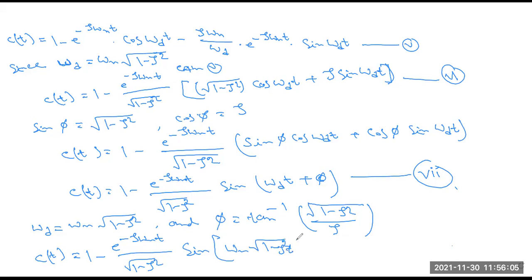This is very easy because we just have to put in the value. Here you can see we have to put the value of omega d and the value of phi in this equation. So we have to know the value of omega d and the value of phi, and put them in these equations. This is very easy, not difficult.